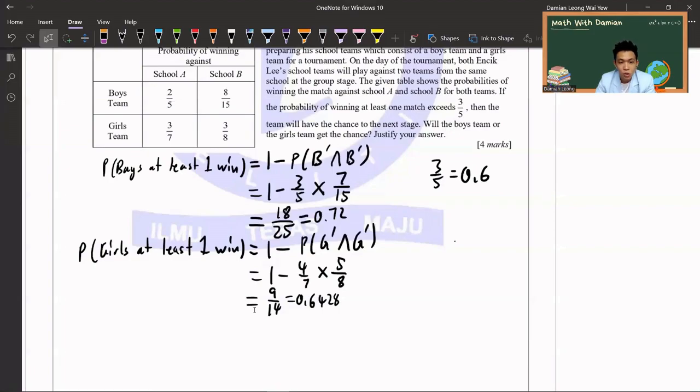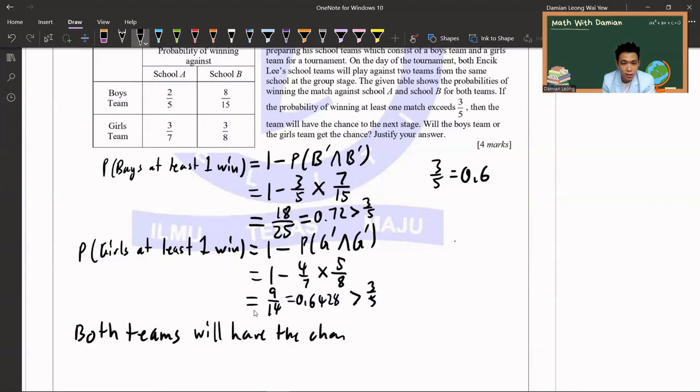Yeah. So both are more than 3 over 5. Therefore, both teams will have the chance.